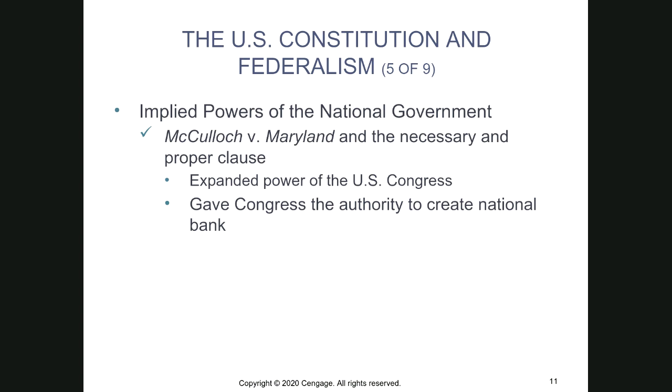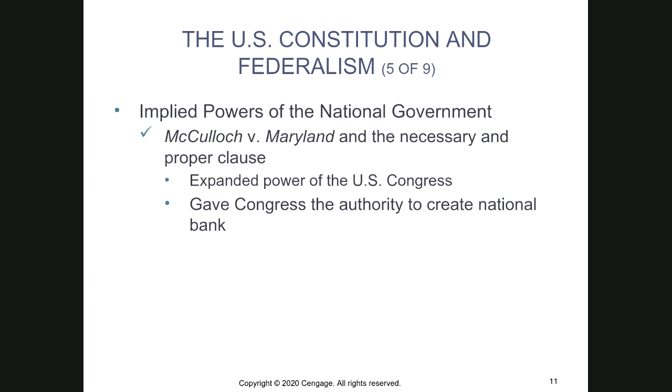Because at the time we were just looking at the list in Article 1, Section 8 to figure out, does the federal government get to do this thing it wants to do? And we didn't see chartering a bank anywhere on that list. And so we'd all assumed that it was a reserved power, something that was reserved to the states.